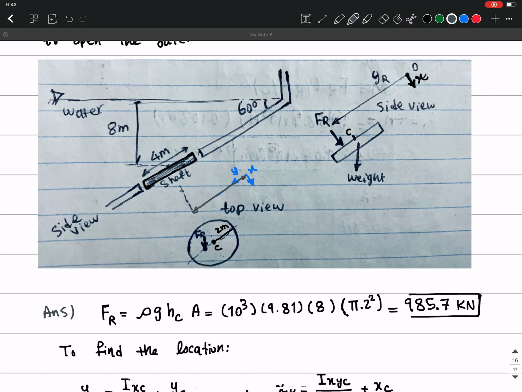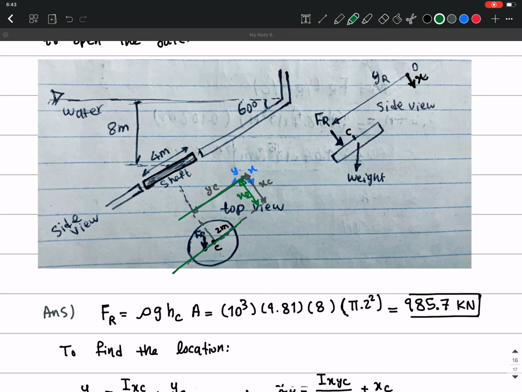So this is gonna be your yc, and this is gonna be your xc, right? So we expect the Fr should be on this line, somewhere in this line, and so its x, the xr, should also be equal to xc, right? But yr can be different.